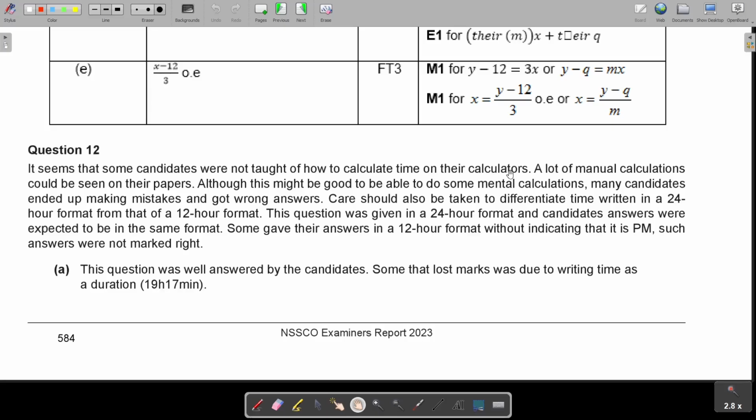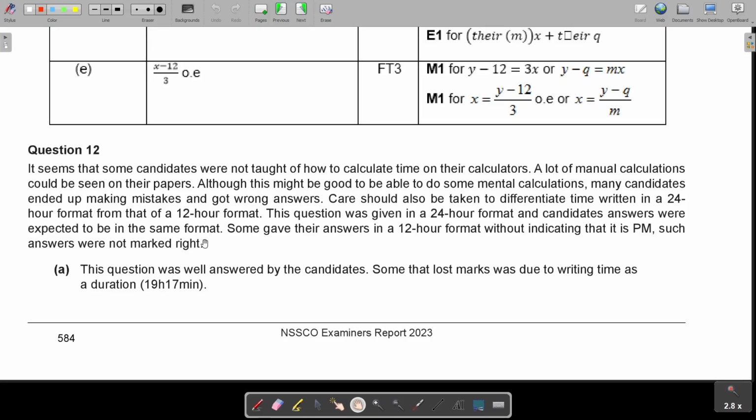A lot of manual calculations could be seen on their papers. Although this might be good to be able to do some mental calculations, many candidates ended up making mistakes and got wrong answers. Care should be taken to differentiate time written in 24-hour format from the 12-hour format. This question was given in 24-hour format and candidates' answers were expected to be in the same format.